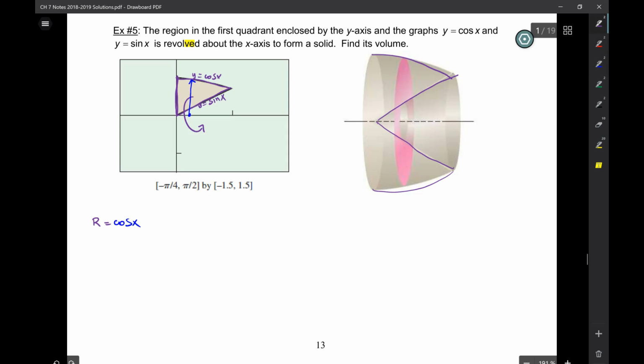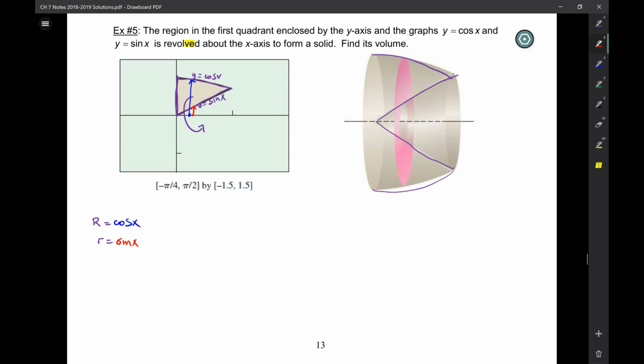Little r is sine x. It's this one. The radius, remember, is always the distance from the axis to the curve. From the axis to the curve that's farthest away, that's big R. From the axis to the curve that's closer, that's little r. Only because that one's farther, so it's a bigger radius.